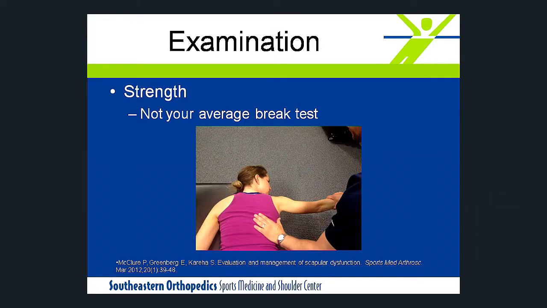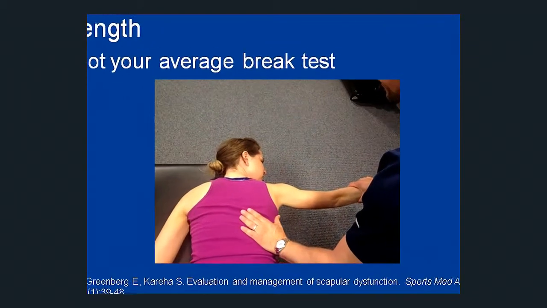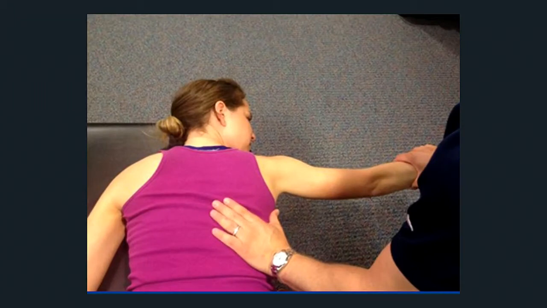One thing to note, when you're testing the parascapular muscles, middle trap, lower trap, rhomboids, that sort of thing, it's not your average break test, meaning that when you're applying that force and seeing if they can maintain your pressure and not move, there's oftentimes a shift that occurs in the scapula in order for that individual to gain leverage and maintain that position against your force.